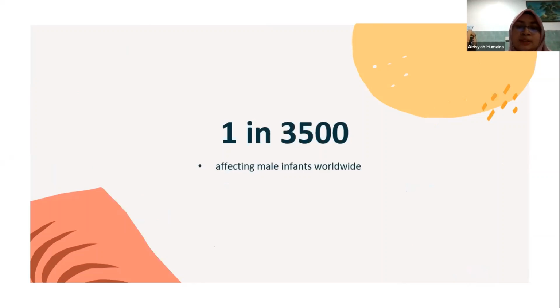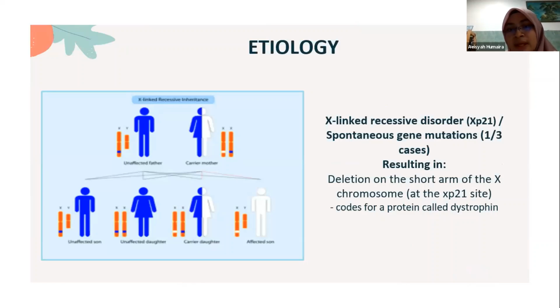So Duchenne muscular dystrophy is an X-linked recessive disorder. And it can also be caused by spontaneous gene mutation, about 1/3 of cases. So this gene mutation results in deletion of the short arm of the X chromosome at the XP21 site that codes for the dystrophin protein.